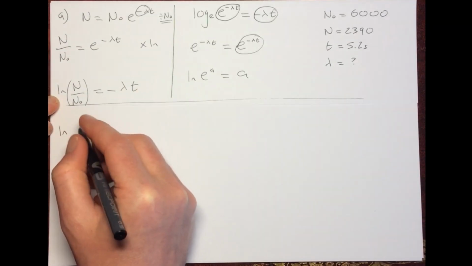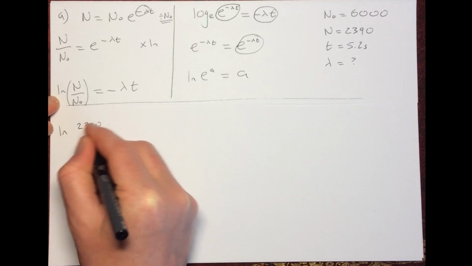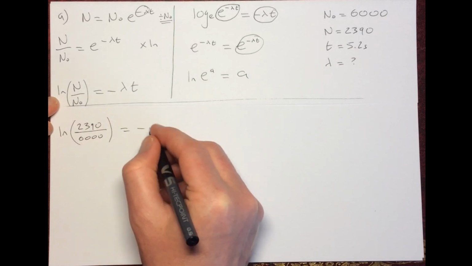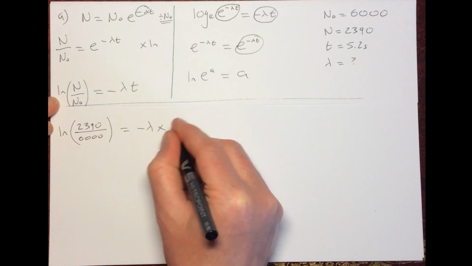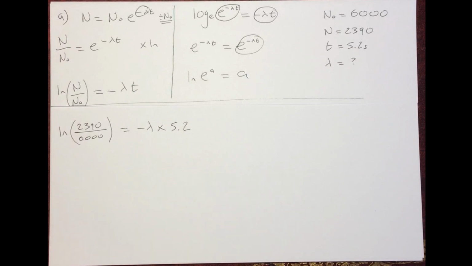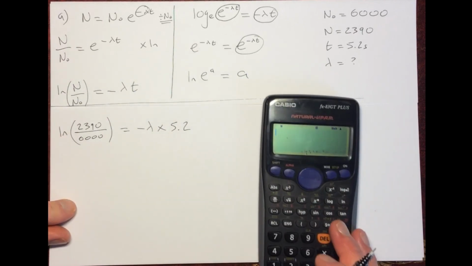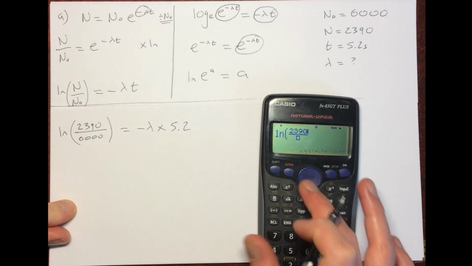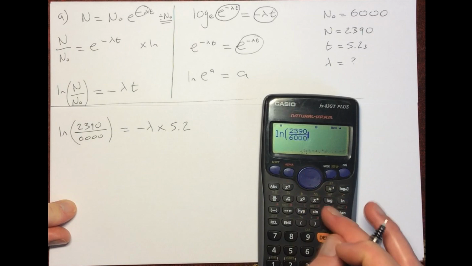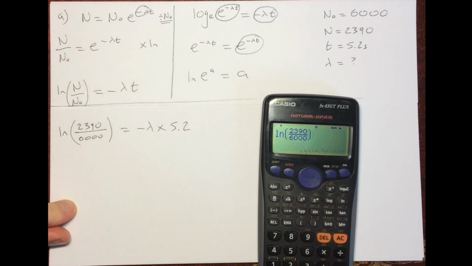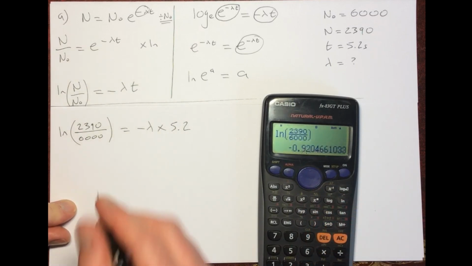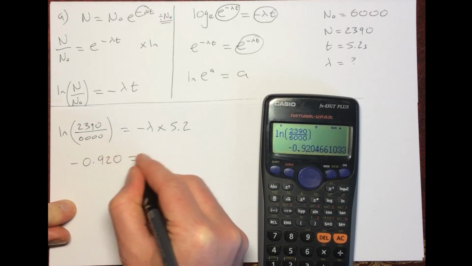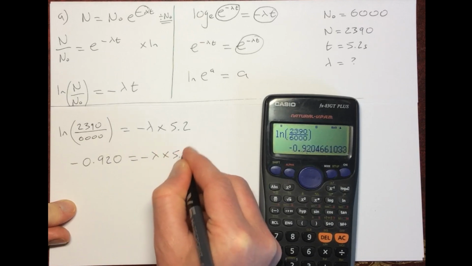ln of 2390 over 6,000 is going to be equal to minus lambda multiplied by 5.2. If you put that into your calculator, the natural log of 2390 over 6,000 gives you minus 0.920, which is equal to minus lambda times 5.2.